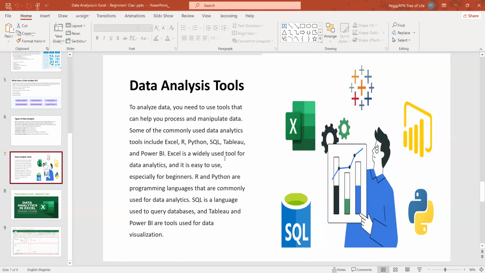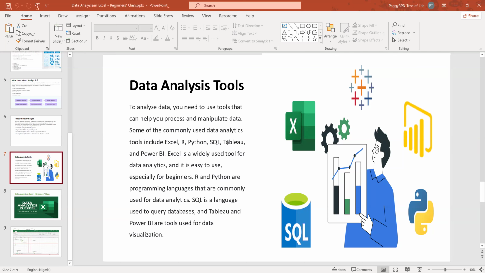Excel is widely used and easy to use, especially for beginners. R and Python are programming languages commonly used for data analytics. SQL is a language used to query databases, which you'll probably be doing next year. And Tableau and Power BI are tools used for data visualization.